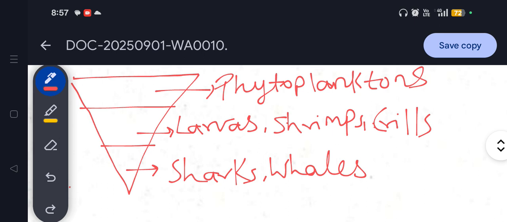As you saw in the vertical pyramid on the terrestrial region, the same type of structure works in the inverted pyramid also. The inverted pyramid is best suited for the marine ecosystem, that is the water ecosystem, ocean ecosystem.